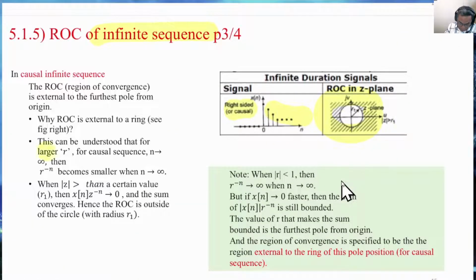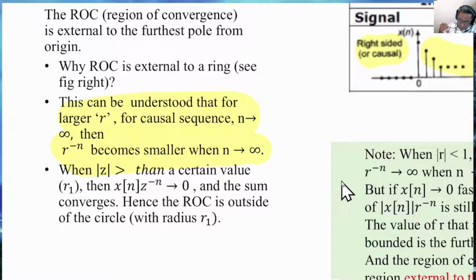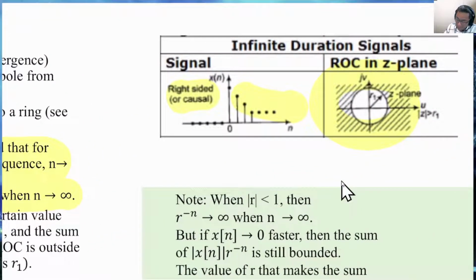So how do we understand that the region of convergence is external? It's because for a causal sequence, as n becomes larger, r to the power of minus n becomes smaller. When we have a value of r and r is becoming larger, then z to the power of minus n becomes smaller. So if we choose an r here versus an r here versus an r here, we have r1, r2 or r3, where this r is the distance to the origin.